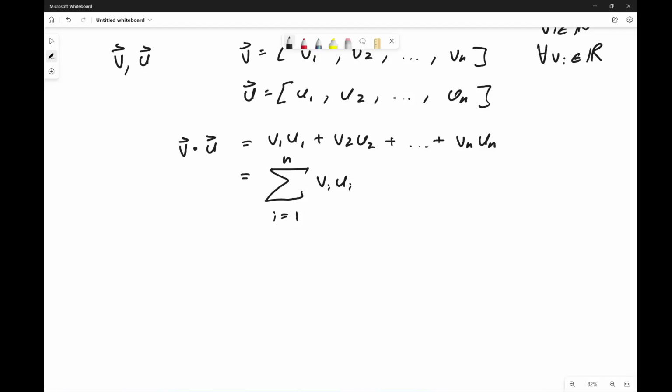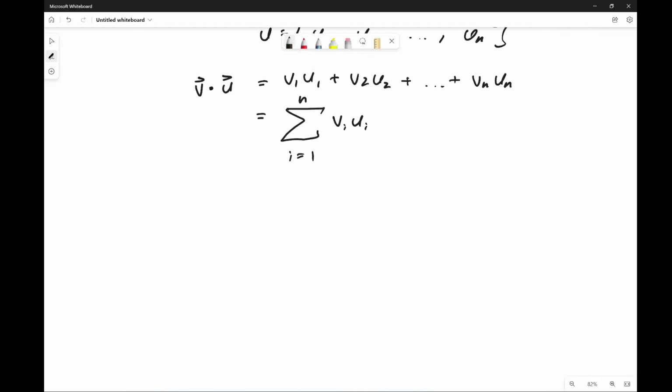The dot product also has some associated properties. As you can see, the dot product basically is a function that maps V times V, where V is an arbitrary vector space that can be some Rn, to a real number.